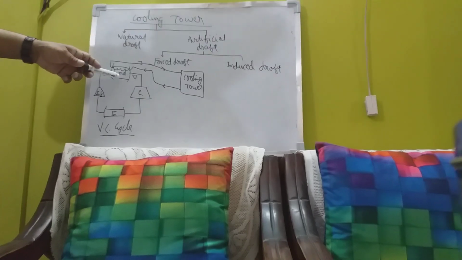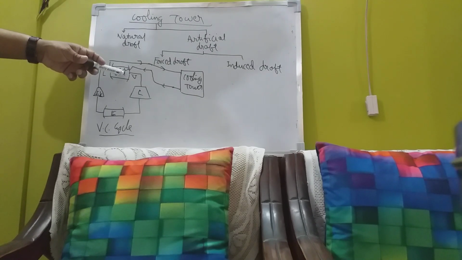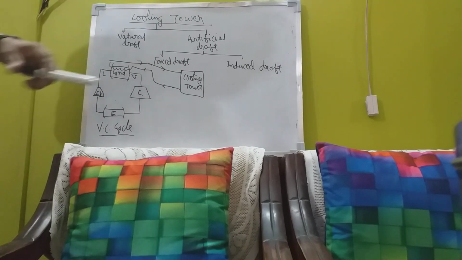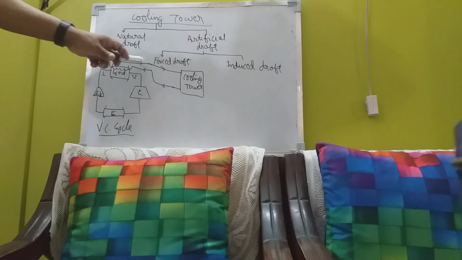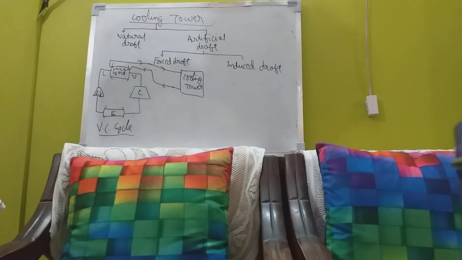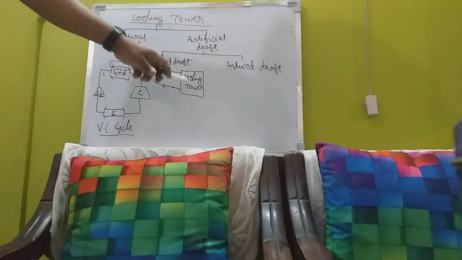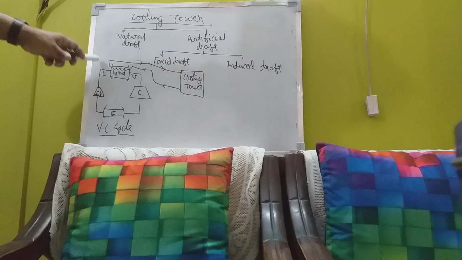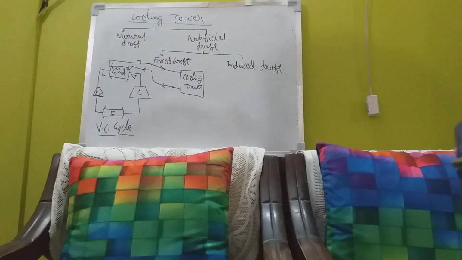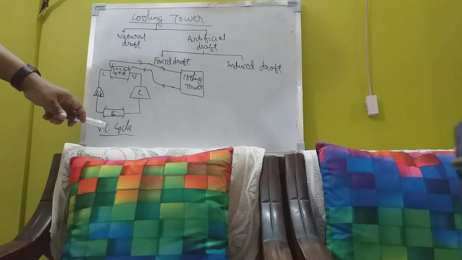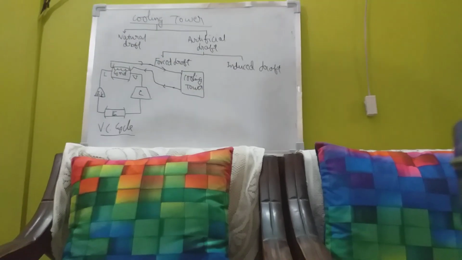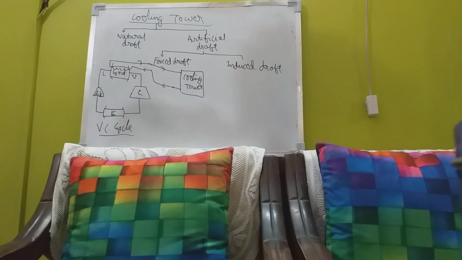Then it absorbs the heat from the gas and itself gets heated. This hot water is circulated back to the cooling tower, cooled in the cooling tower, and then it comes back again. And the cycle continues. This is how the cooling tower works in a vapor compression cycle. This is the basic functioning of cooling tower.